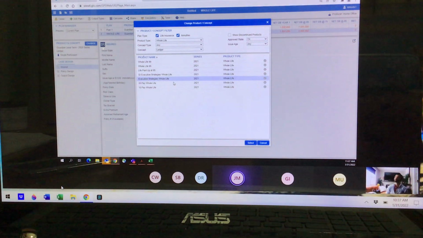So maybe not the right contract for me, but for a higher net worth individual, a business owner, somebody with a successful business that wants to have some whole life, but doesn't like the fact that they'll potentially be making a $100,000 premium payment and not have a whole lot of cash available up front.